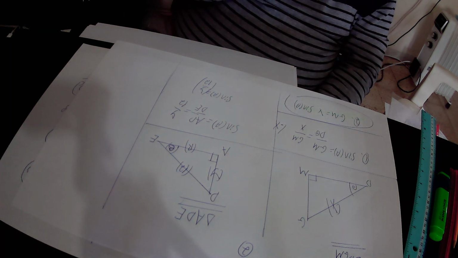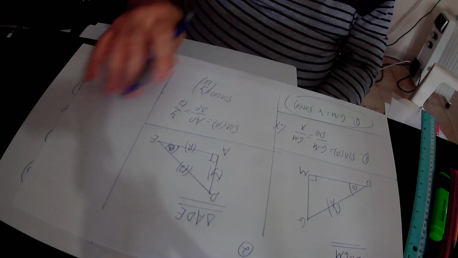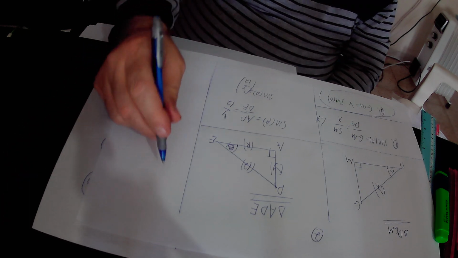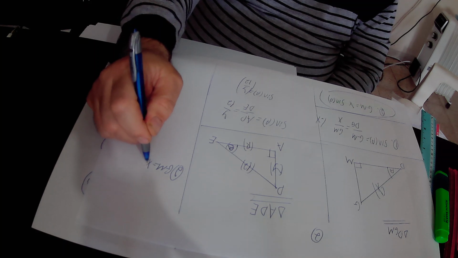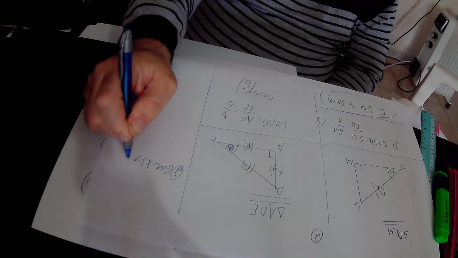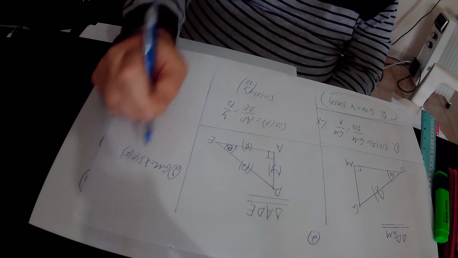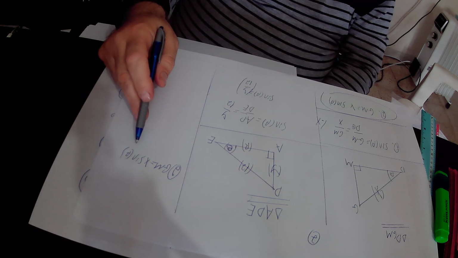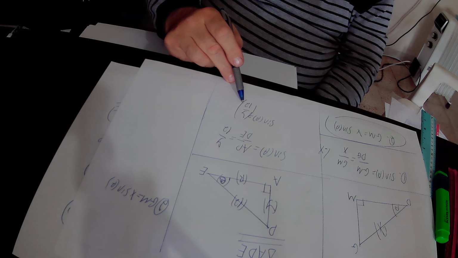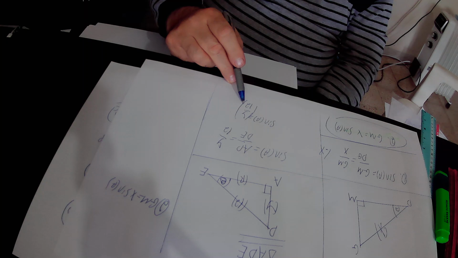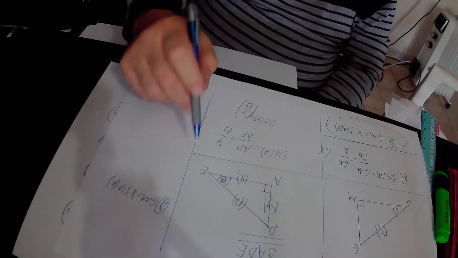But according to equation 2, we have already found out that GM equals X times sine theta. So now we can substitute sine theta in this equation 2 by Y over 12 from this equation. So sine theta equals Y over 12. We'll do it now.